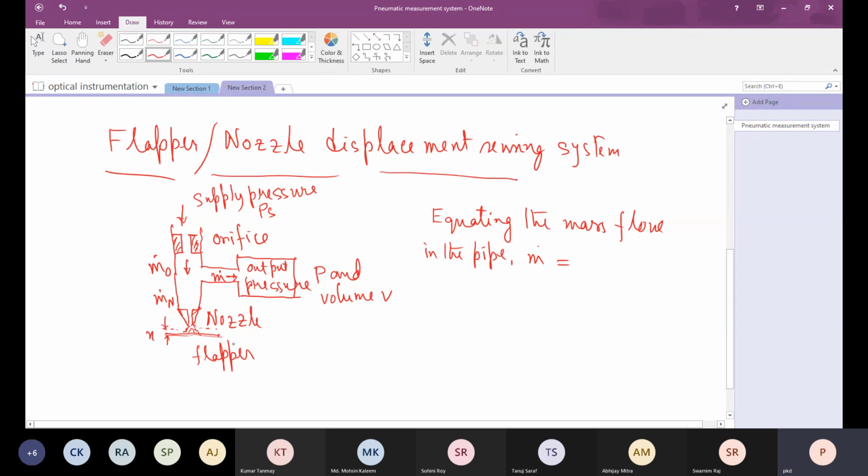So here, if it is freely moving, then of course there is no back pressure. To simplify, we can take this as atmospheric pressure, as the reference.